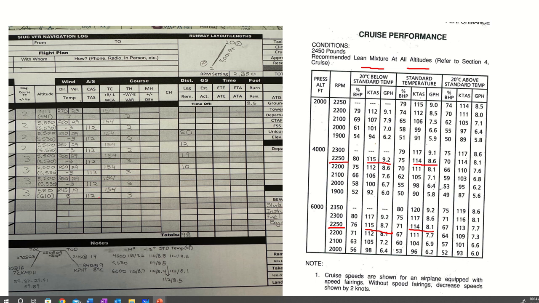I have included 112 for the top of descent to destination because I'm going to try to maintain that same airspeed until I get to the pattern. I want to keep myself moving. So 112 for all that, and the 8.5 I put underneath the fuel burn and remaining column, just to have as a reference.